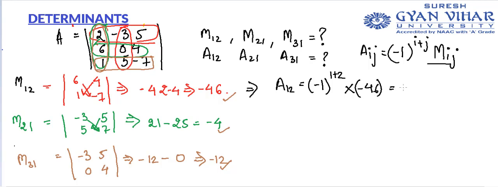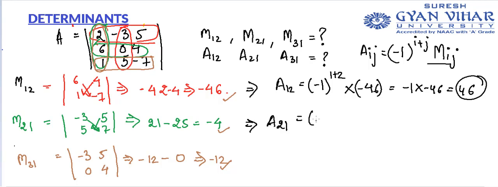So it would be minus 1 into minus 46, and you get 46 as the cofactor. Similarly for A21, minus 1 to the power 2 plus 1, into minus 4, you will get the answer as 4.